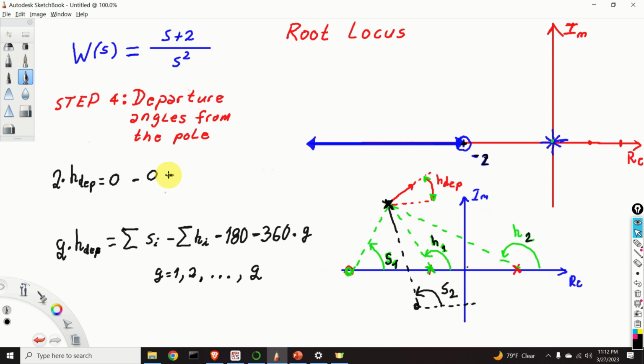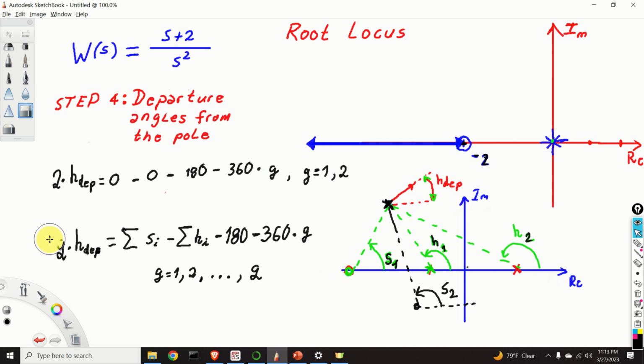Perfect. And we have minus 180 minus 360 multiplying G, where G, in our case, goes from 1, and since Q is equal to 2, the second value is 2.